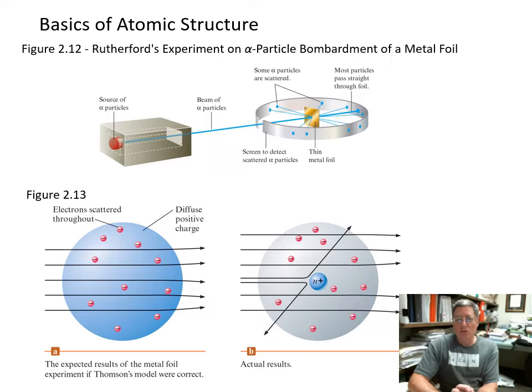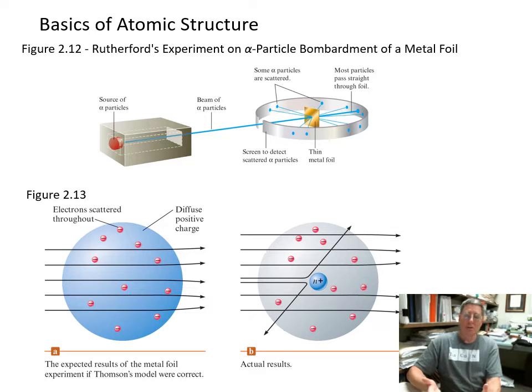So if you shoot a beam of alpha particles, these big, heavy particles with a lot of energy through this gold foil. So gold is kind of a really cool metal because pure gold, you can hammer it out, make it really thin. It's really malleable. And so they made this really, really thin sheet of gold.